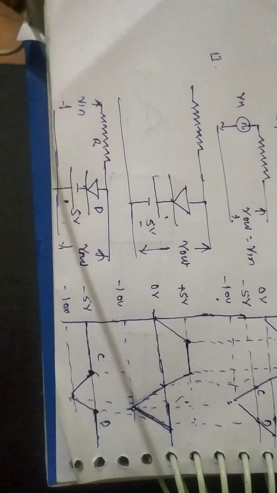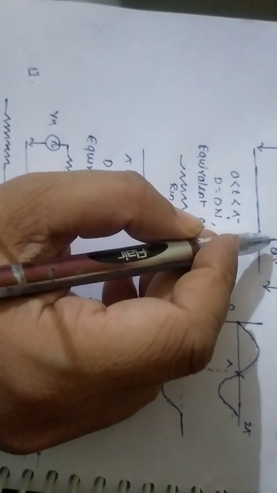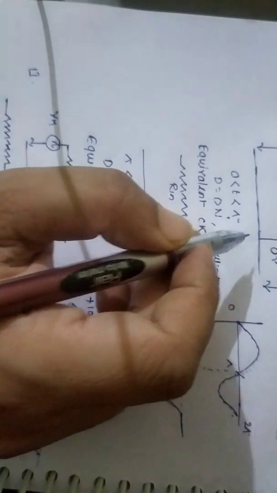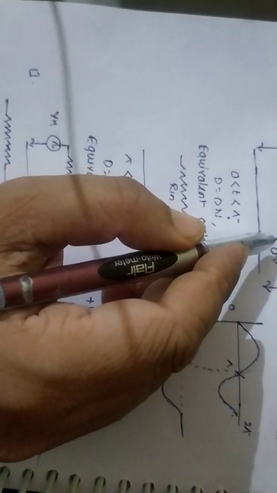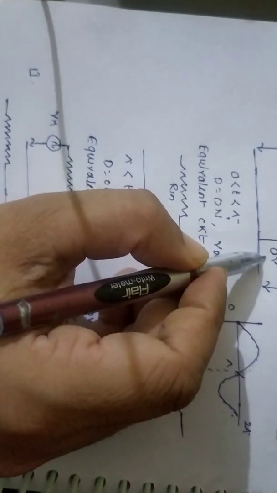Right? So only 2 points you have to remember here. If the diode is connected in this way, this indicates the circuit is a positive clipper circuit, and the clipping takes place always with respect to the battery voltage.